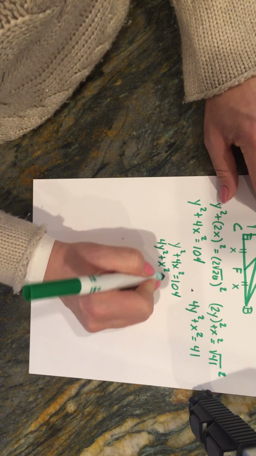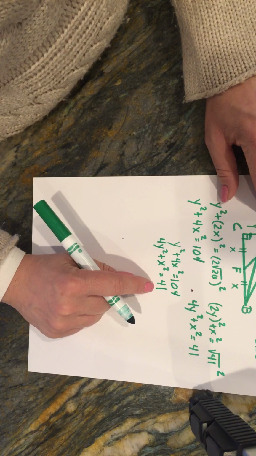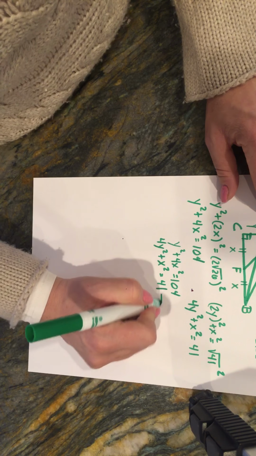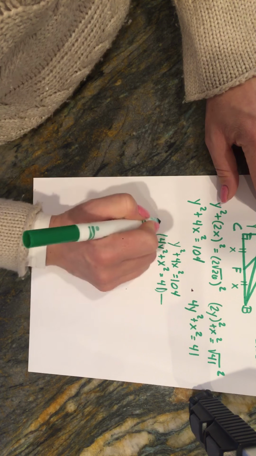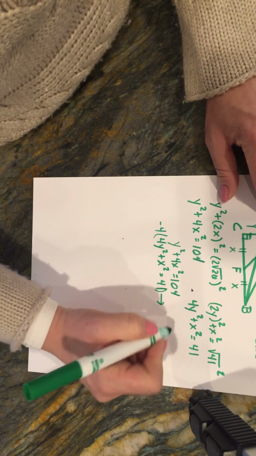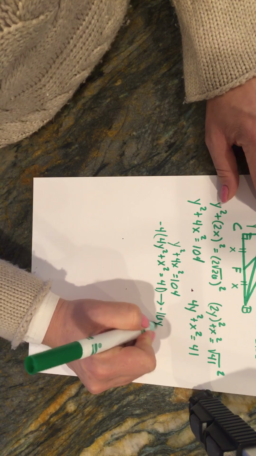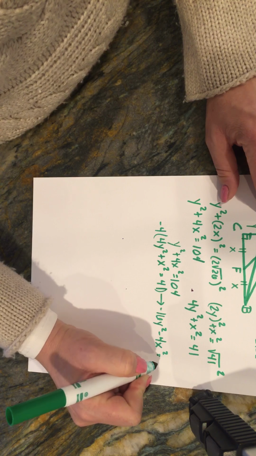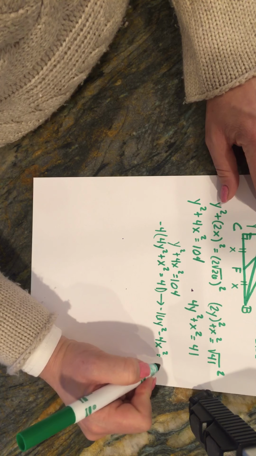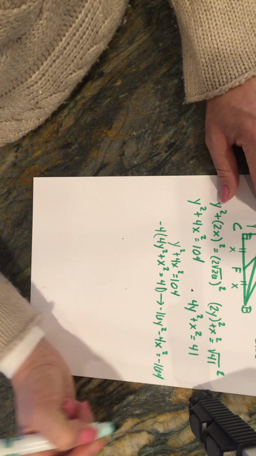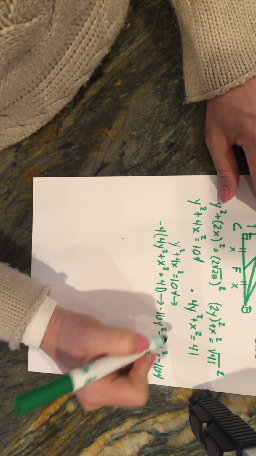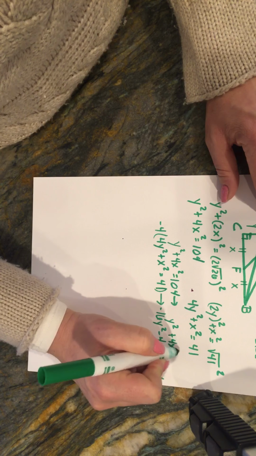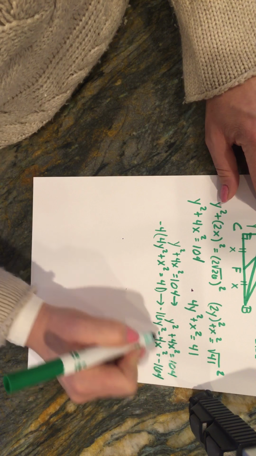I think I'm going to multiply this bottom equation by -4 so that the x squareds will subtract away. So it becomes -16y squared minus 4x squared equals -164. And this one stays the same. So we've got y squared plus 4x squared equals 104.